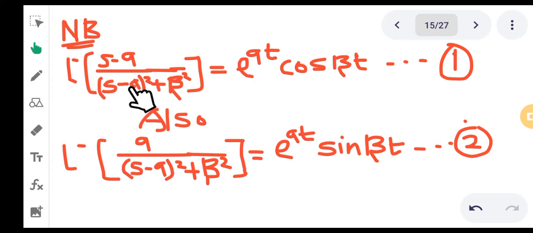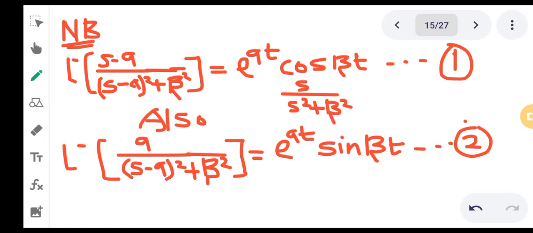It's nothing, it's just the shifting. The s minus a is due to the e exponent at. In the actual sense, it's supposed to be s over s square plus beta square.